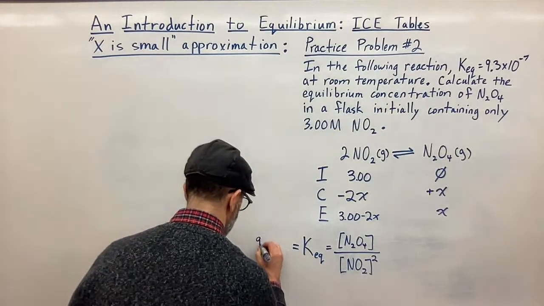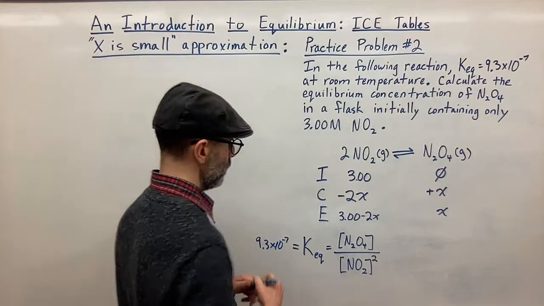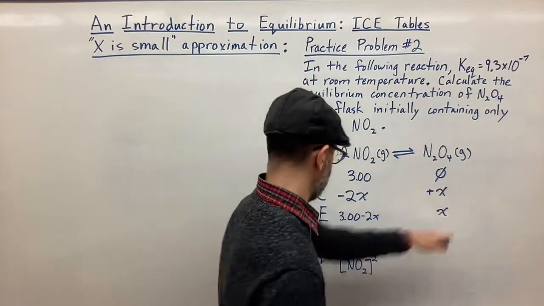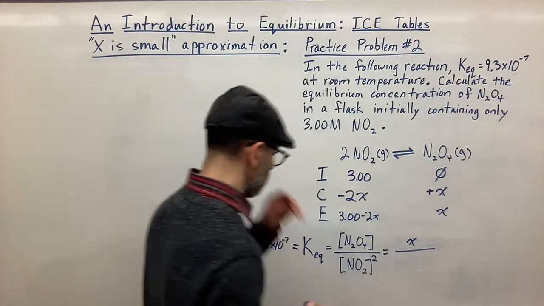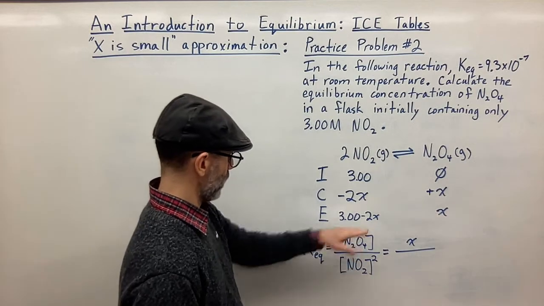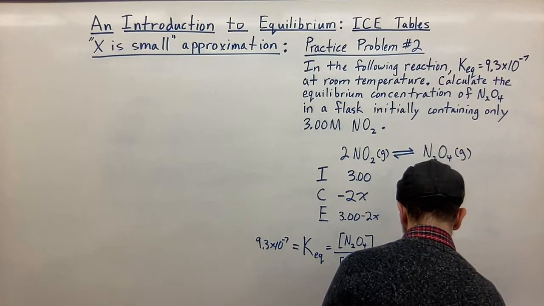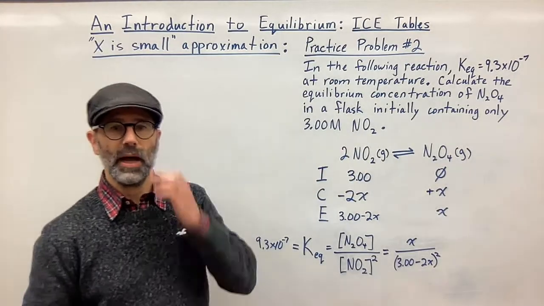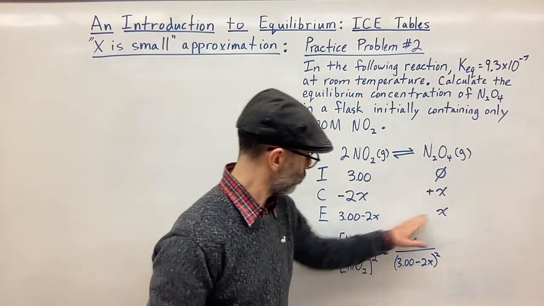So 9.3 times 10 to the negative 7 is equal to the concentration of N2O4, which is X, over NO2 squared, so we put in 3.00 minus 2X squared.